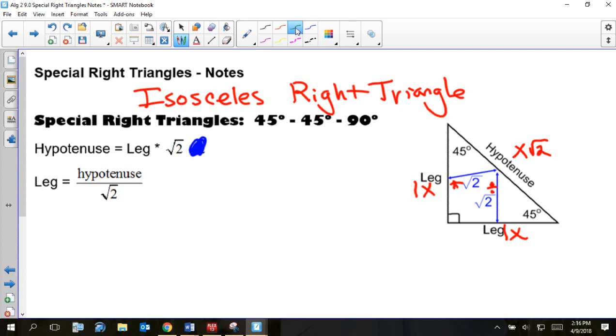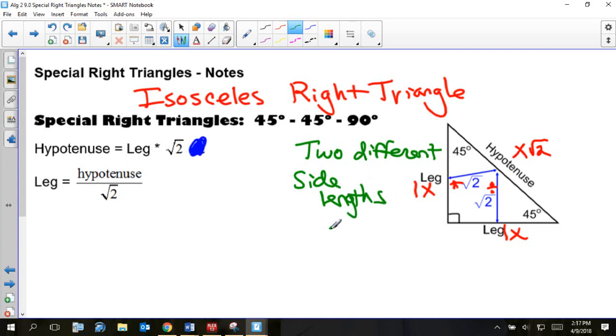I have tricks to remember this. There are two different side lengths in this triangle. And because there are two different side lengths, the radical that we are using is the square root 2.